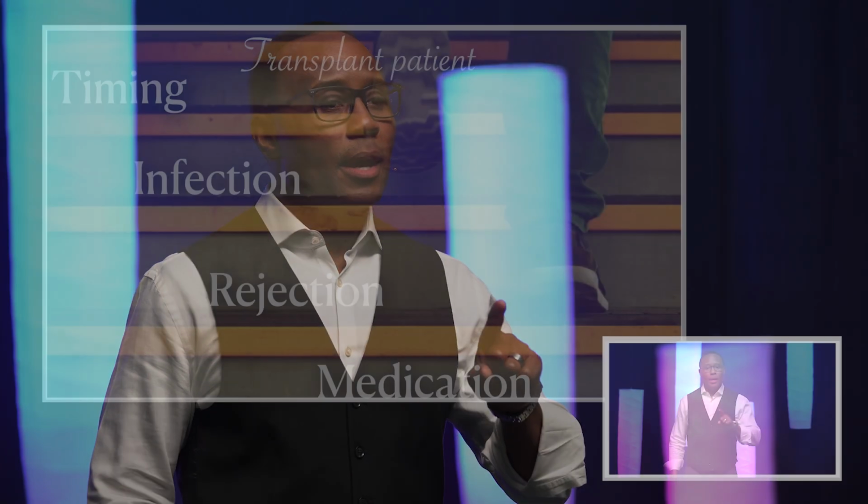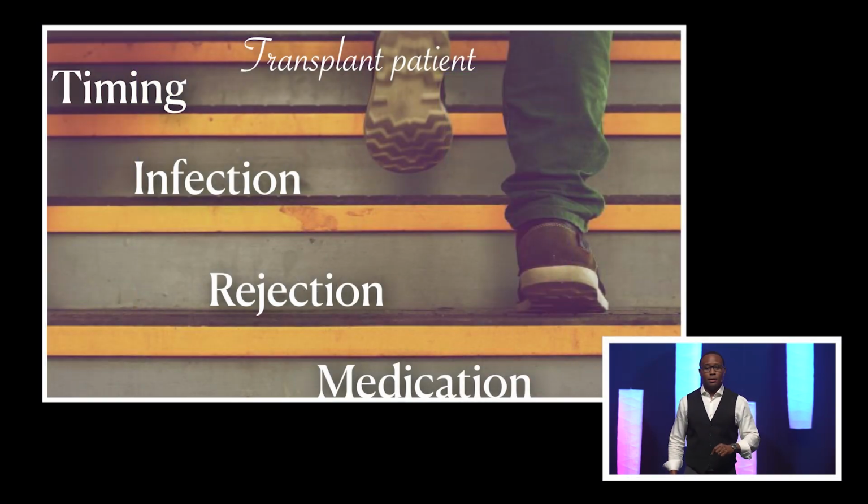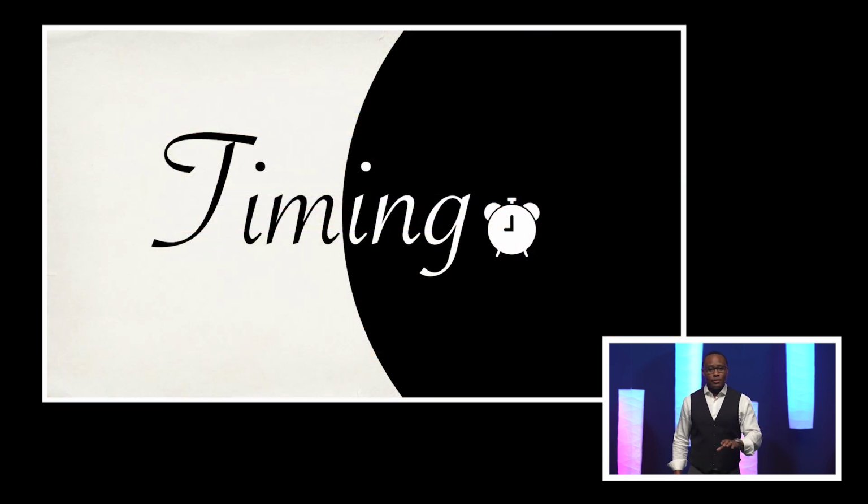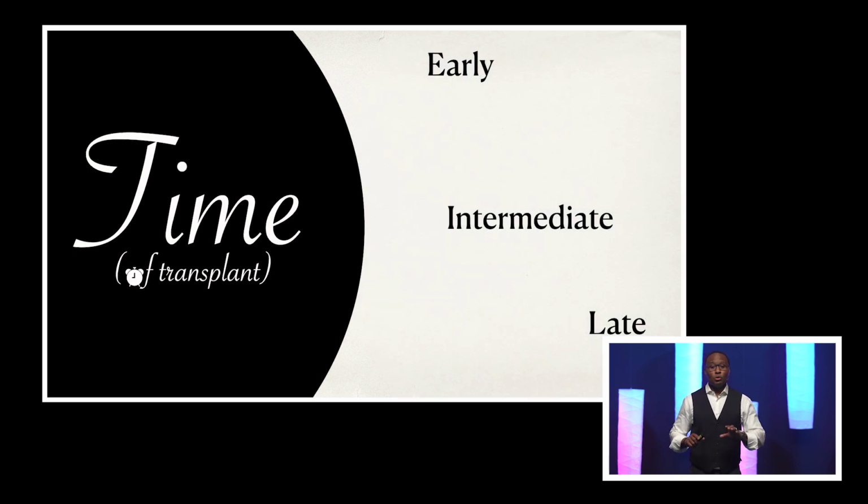So think of infection, rejection, medication, and timing. When it comes to the management of transplant patients, timing is everything. I would like for you to place these patients into 3 specific categories: early, intermediate, and late.